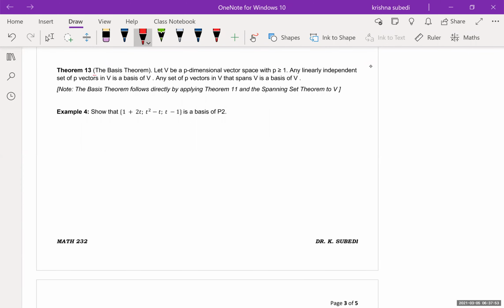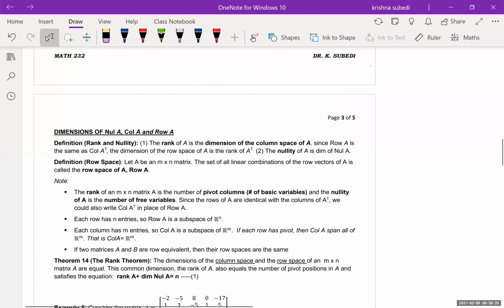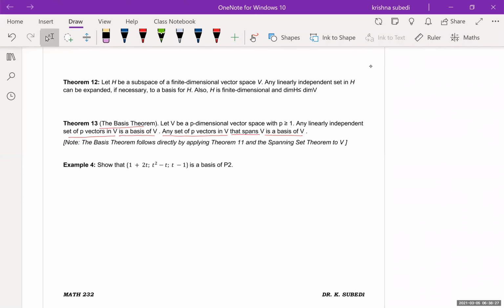Theorem 13, the basis theorem. Let V be a p-dimensional vector space with p greater than or equal to 1. Any linearly independent set of p vectors in V is a basis of V. Any set of p vectors in V that span V is a basis of V. So I think we will discuss this in more detail with an example later on, especially when we look at example 5, then you will understand this basis theorem better.